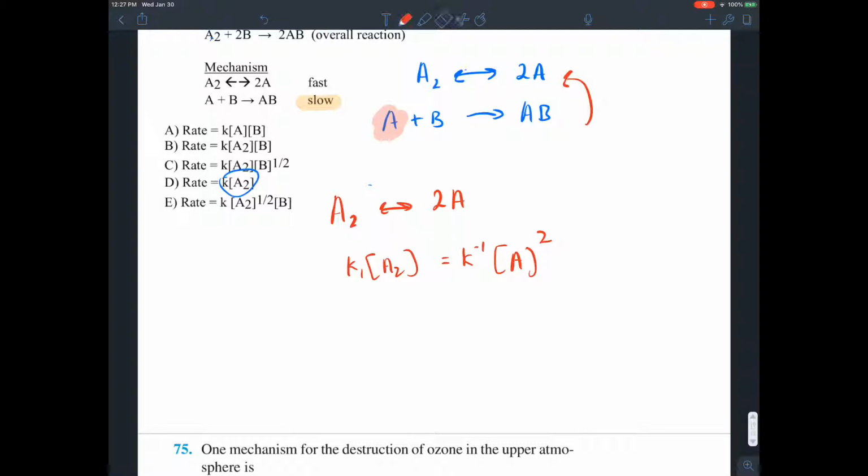Now hopefully that makes sense. All I'm doing is writing what the rate law would be if we just simply considered the top equation. Now if I wanted to solve for just one of these A's, first things first, I'm going to divide this K over to the other side.